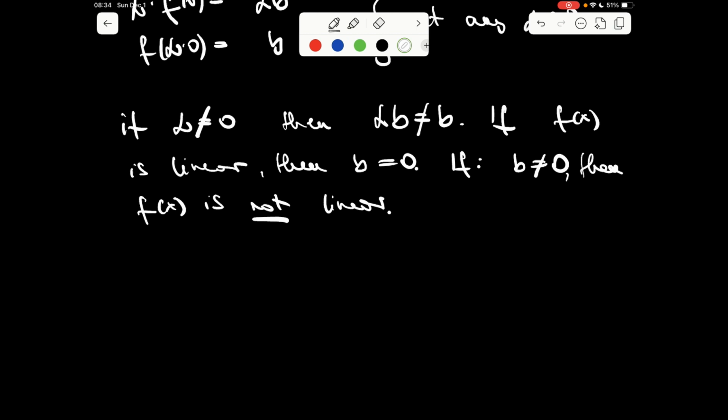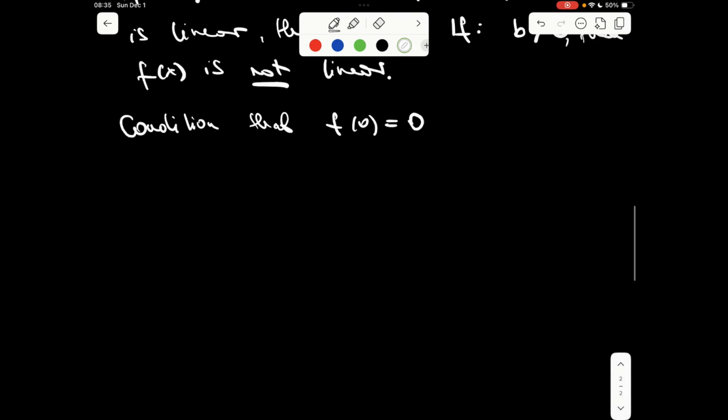Okay, so the condition that over 0 the function must be 0 is not a sufficient condition of linearity, because we have many non-linear functions to which it holds. So we have many non-linear functions which are 0 over 0.